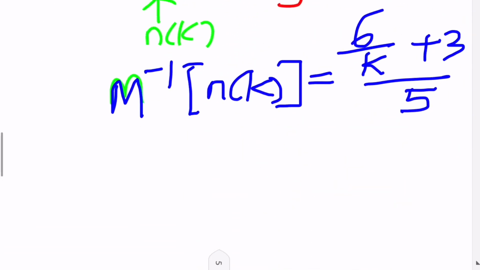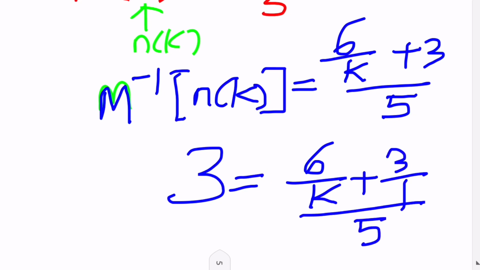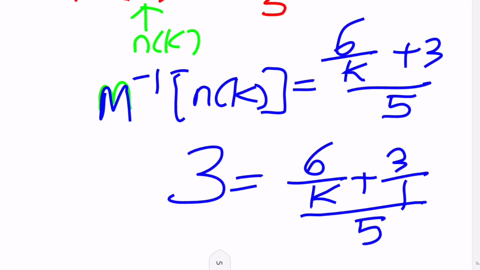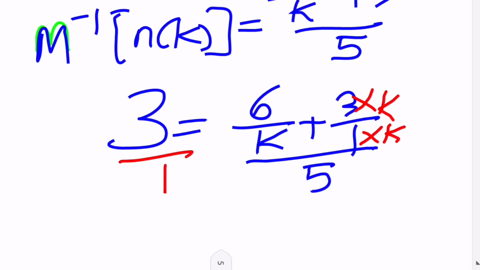Now the m inverse n(k), the value given in the question, is equal to 3, right? Can you see that? So this value is 3, and (6 over k plus 3) over 5, and then you need to simplify to the simplest form. So we make the denominator the same.